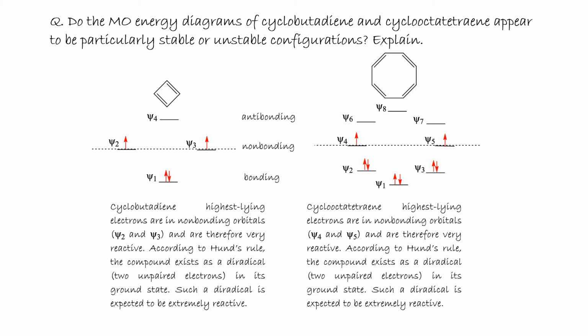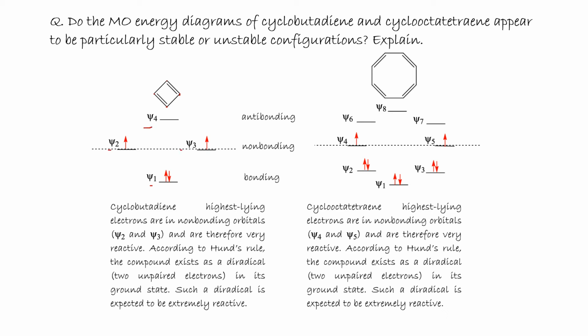Let's go and apply that. Do the molecular energy diagrams for cyclobutadiene and cyclooctatetraene appear to be particularly stable or unstable configurations, and explain. We have here 4 pi electrons, psi 1, psi 2, psi 3, psi 4.